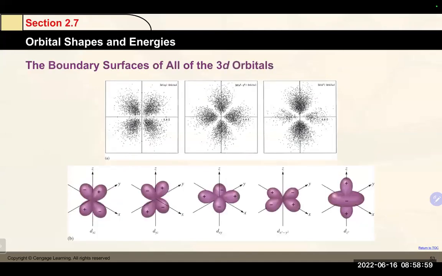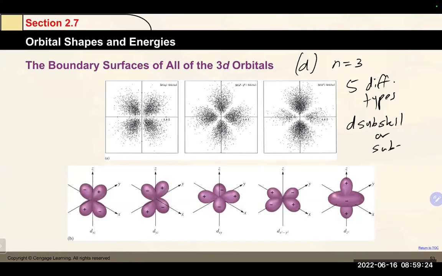Here are our d orbitals. D orbitals really start to appear on the 3rd energy level. There are actually 5 different types of them, and once again, all 5 of those are what is referred to as the d subshell, or again, sublevel.